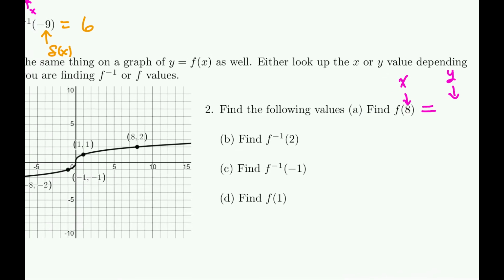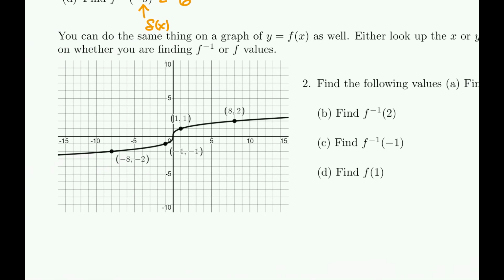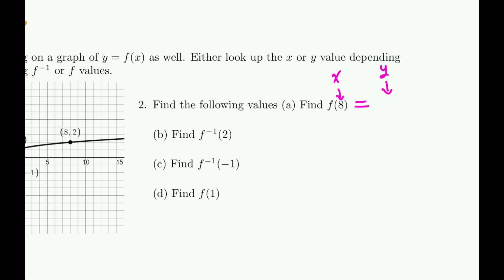So you come to the function and you're looking for x equals 8. So you look at the points on the graph and you say, where is x equals 8? X equals 8 is over here. So this is the point (8, 2). This is the x, so this would be the y, so the answer would be 2. Easy as that.